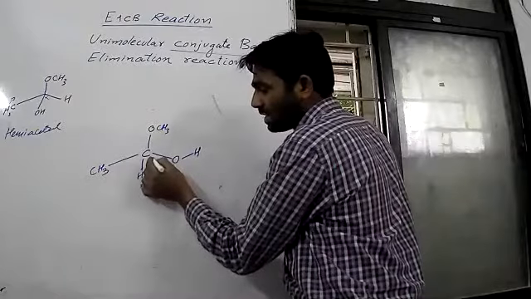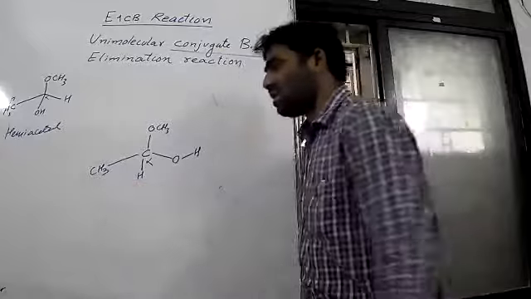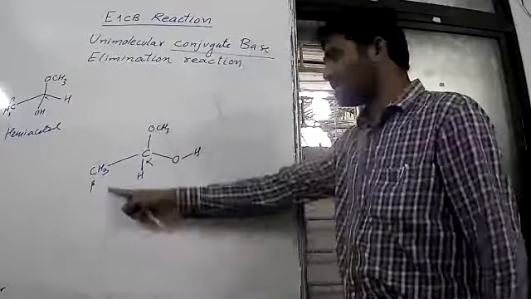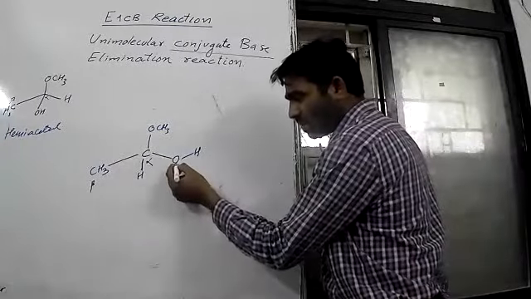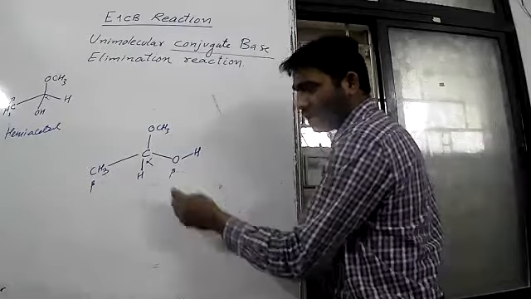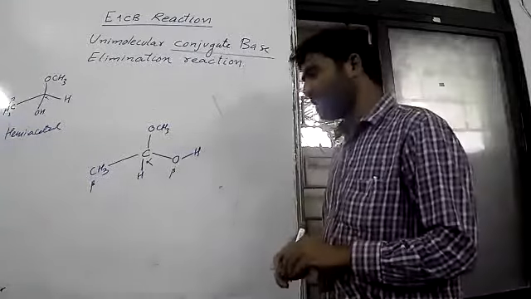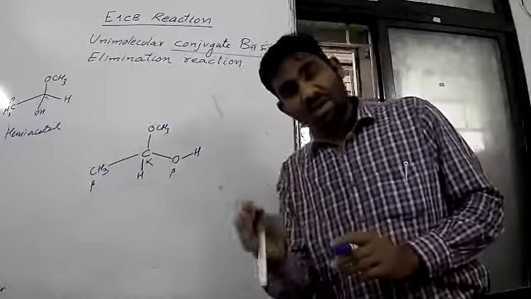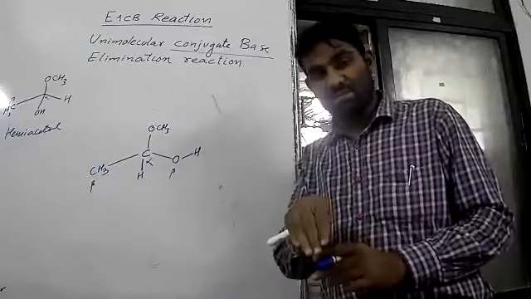If you consider this alpha carbon, this is the beta carbon, or beta atom we can say. Similarly, attached to this alpha carbon, there is oxygen. This is also a beta position. So hemiacetal definitely will have the beta carbon, or we can say beta position.